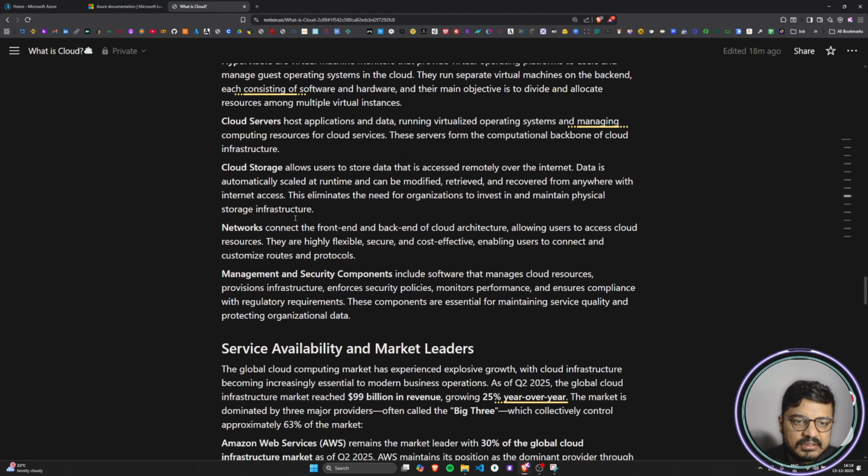Then there is something called cloud storage. Cloud storage allows users to store data that is accessed remotely over the internet. Data is automatically scaled at runtime and can be modified, retrieved, and recovered from anywhere with internet access. This eliminates the need for organizations to invest in and maintain physical storage infrastructure.